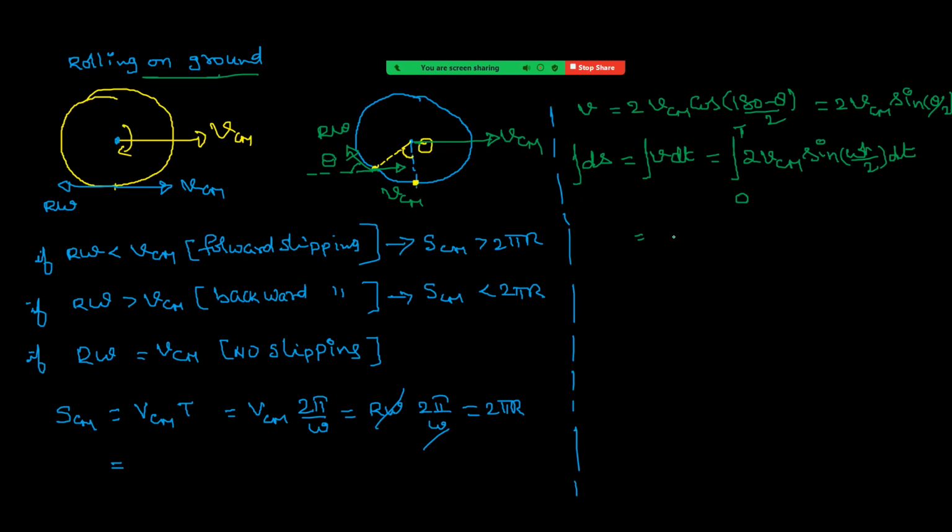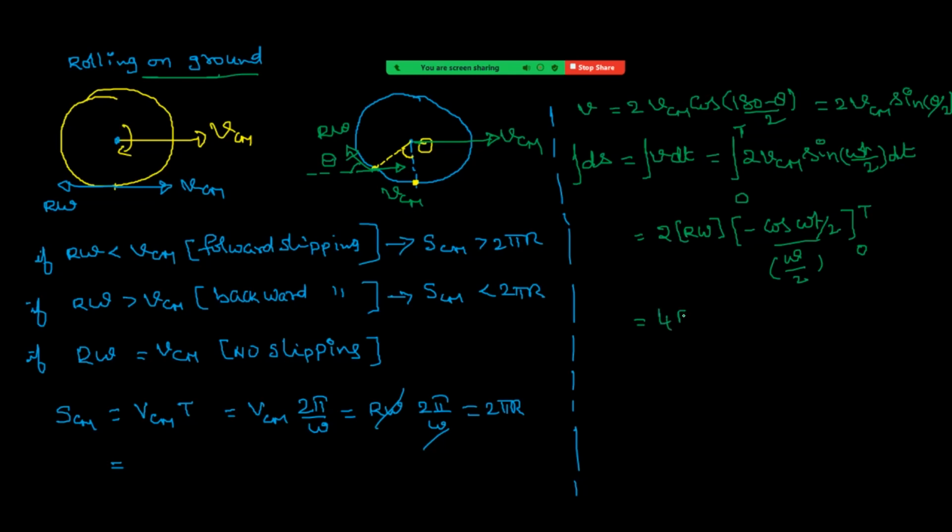Now see the calculation part. 2 VCM. In the place of VCM, I can write R omega. Integration of sine theta d theta becomes minus cos omega t by 2 upon omega by 2, right? Now take limits 0 to T. 2 comes here, it becomes a 4.